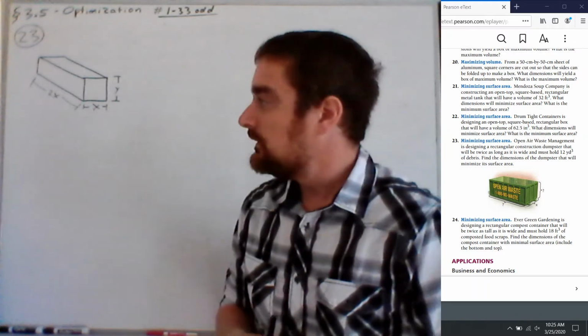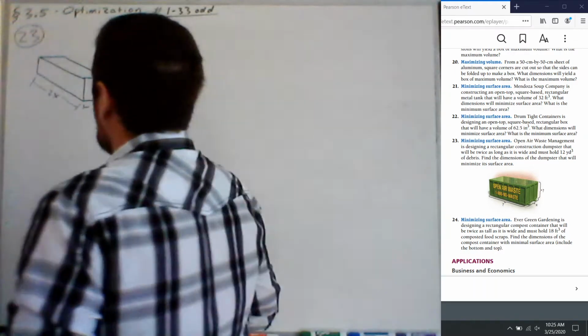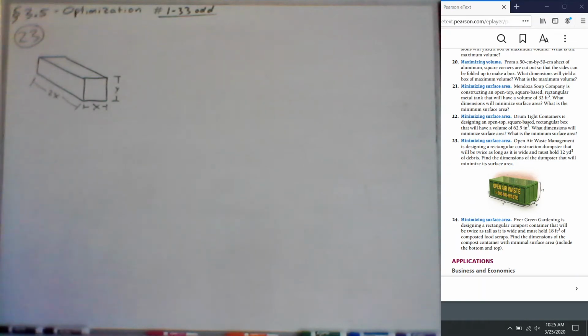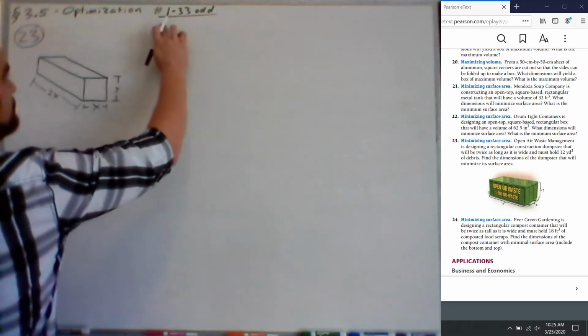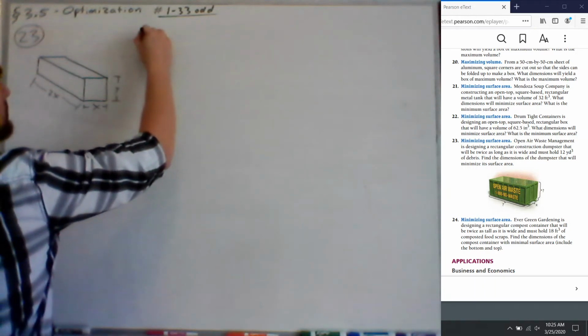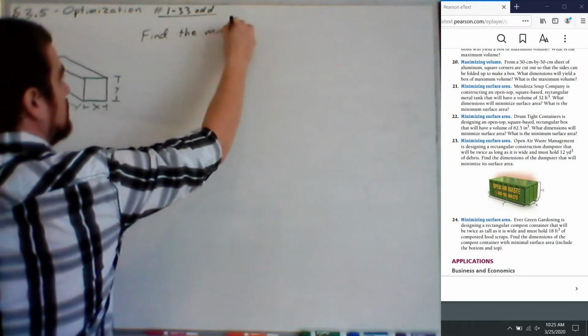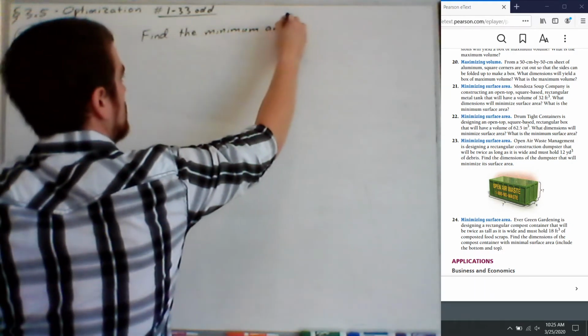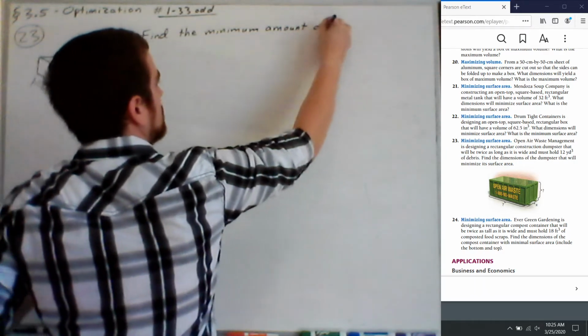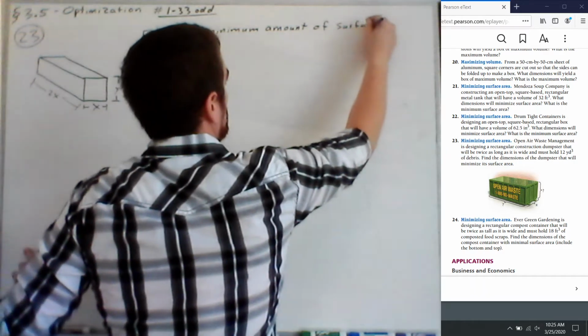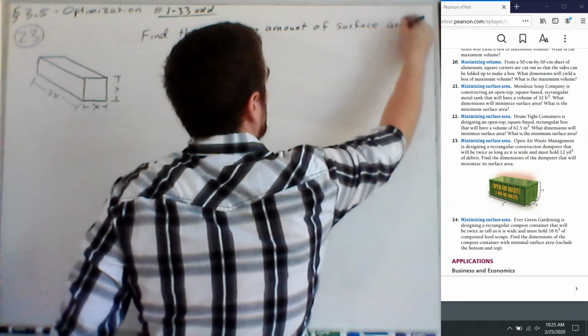We don't know. So what we do know is that we're trying to minimize the surface area. Right? So our goal in this case is to find the minimum amount of surface area.